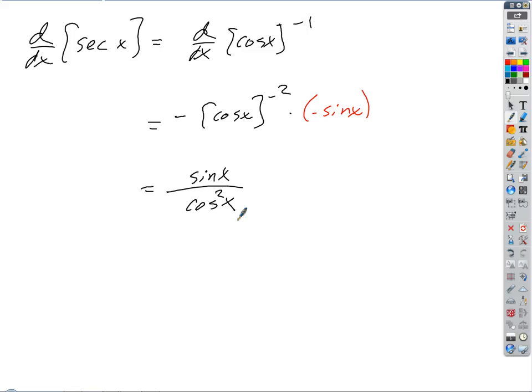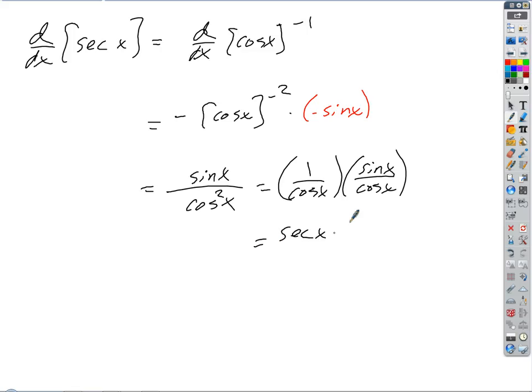Okay, so how could we split that up? Well, we could just write that as a product, 1 over cosine times sine over cosine. And what's that? Secant x tangent x, how about that? Okay, so we got it. So I wasn't lying that time, okay?